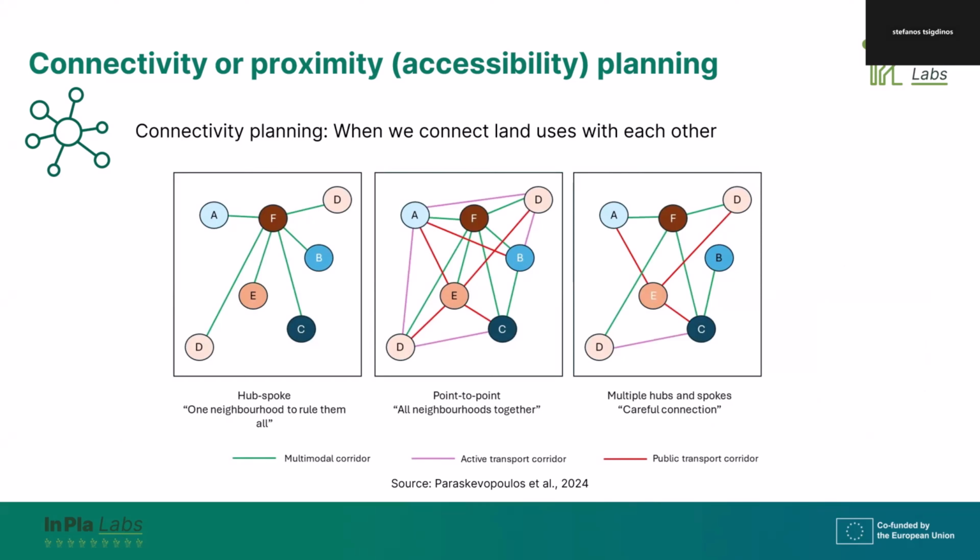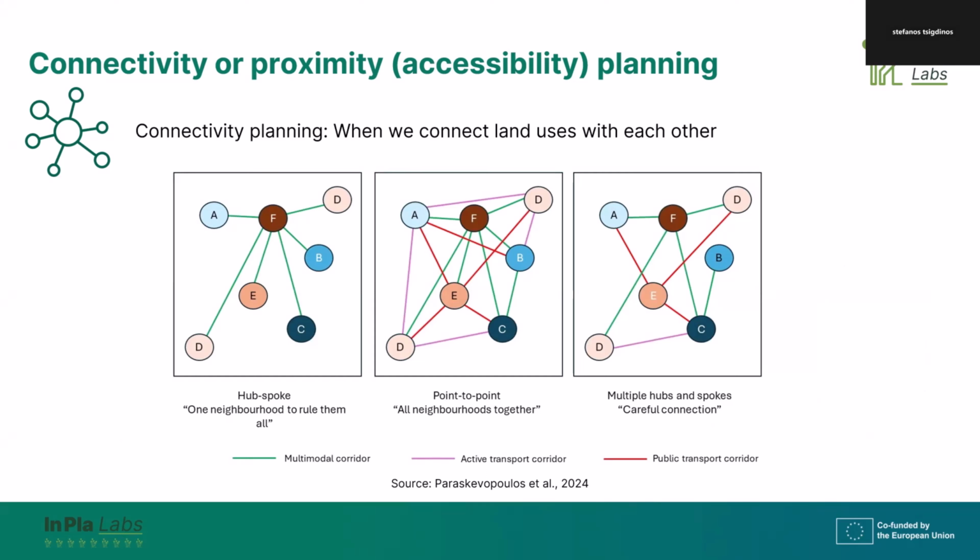So one very important concept is how we define accessibility planning. We may find two different pillars, which could be distinguished from one another, or they could cooperate. The first is the connectivity aspect of planning: how we connect land uses and things with each other.